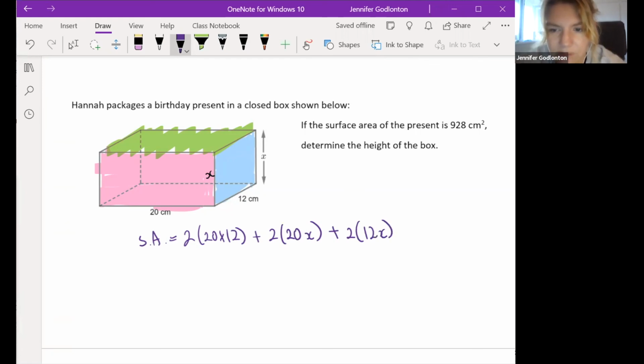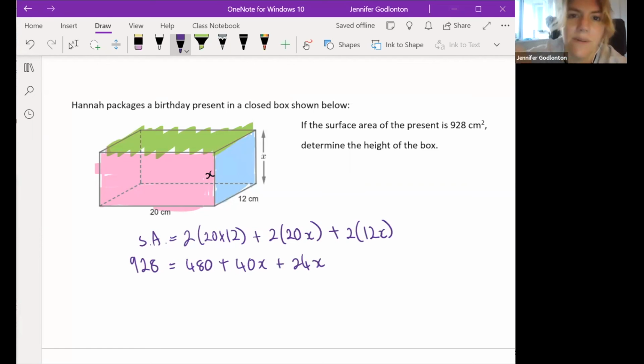Okay, good. Next line. We can have our surface area now. 928 equals 480 plus 40x plus 24x. And then we're going to take it over there.